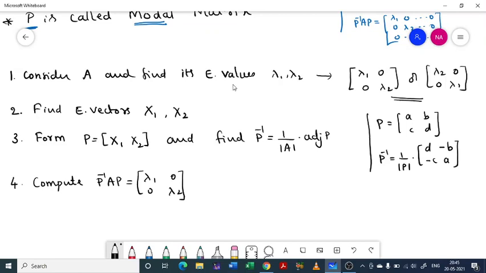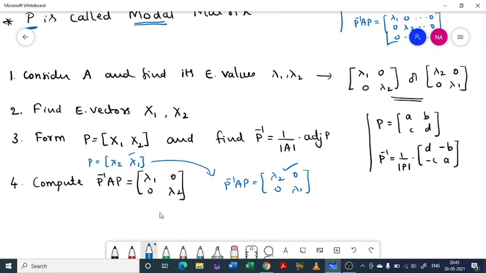Suppose you consider P equal to x2, x1. You can consider it in any order; there is no specific order. In such a case, you will get the final matrix P inverse A P to be lambda 2, 0, 0, lambda 1. Both are correct. Either you get lambda 1, 0, 0, lambda 2 or lambda 2, 0, 0, lambda 1. So that is the procedure you have to follow.